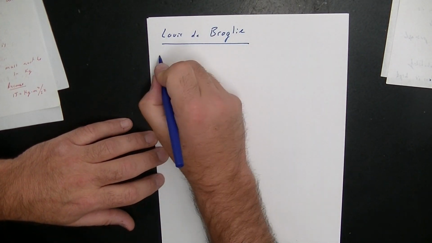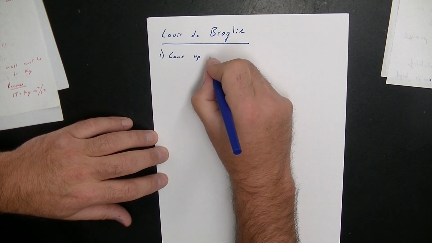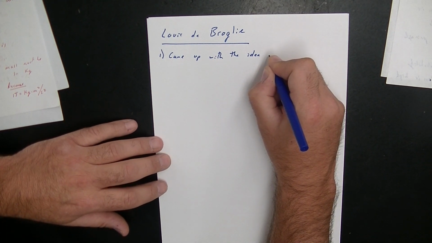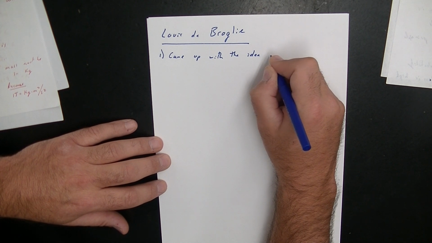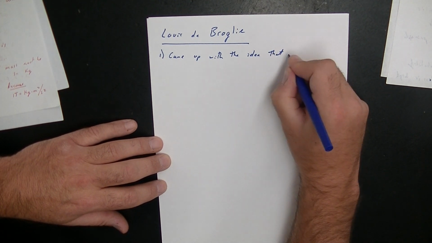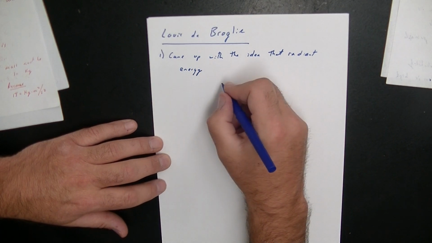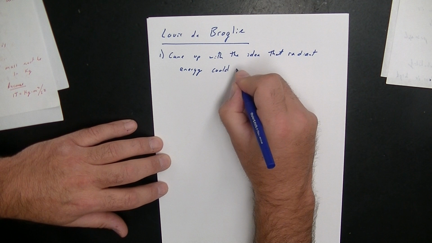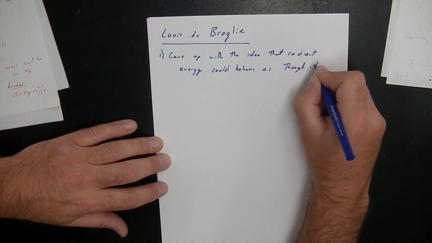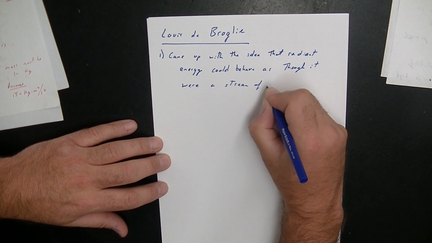So, what did Louis do? He came up with the idea that radiant energy could behave as though it were a stream of particles.